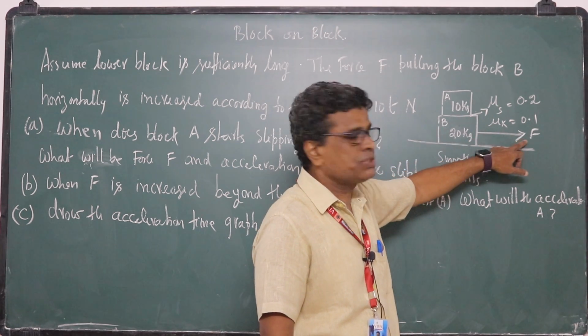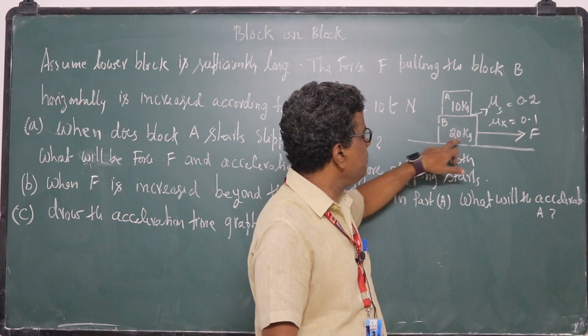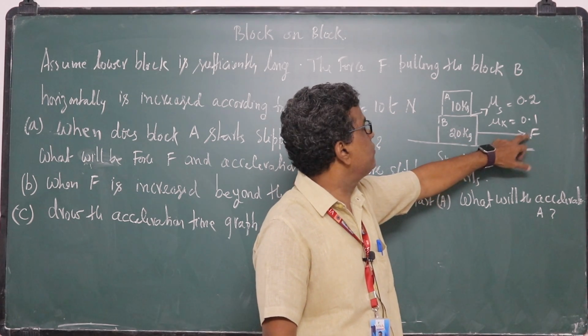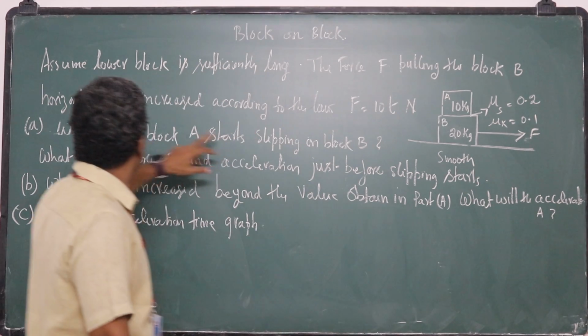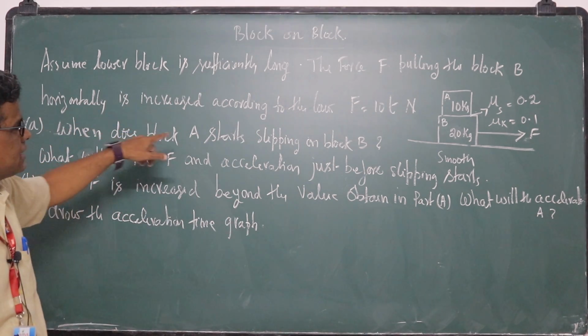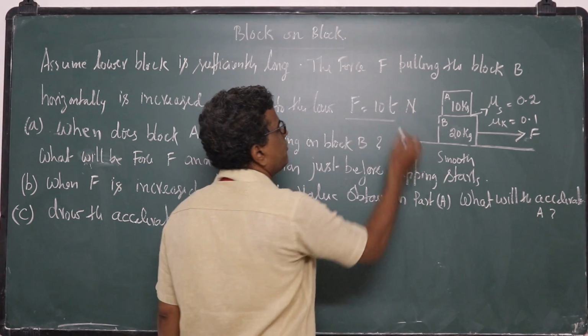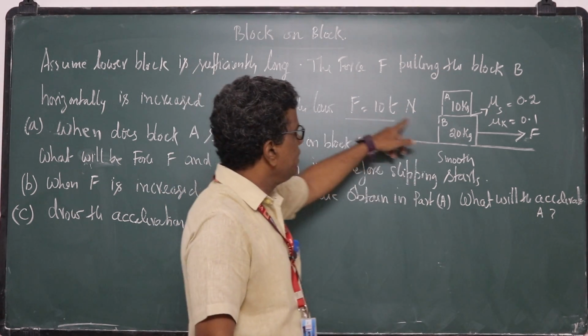An external force F acts on the block B, that is the lower block. This force is a variable force. It acts horizontally according to the law F is equal to 10T, where T is the time.